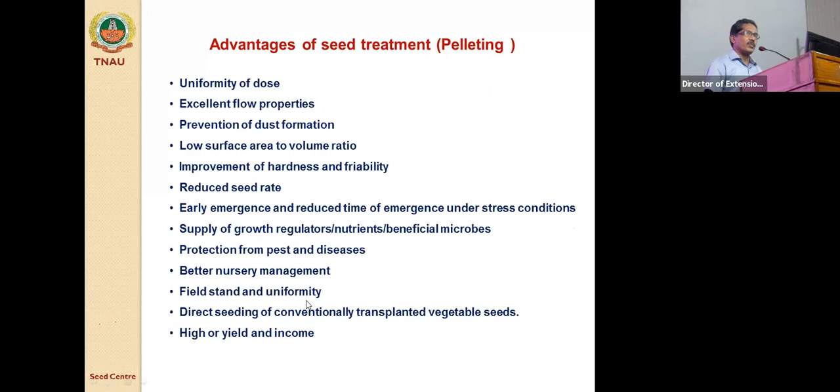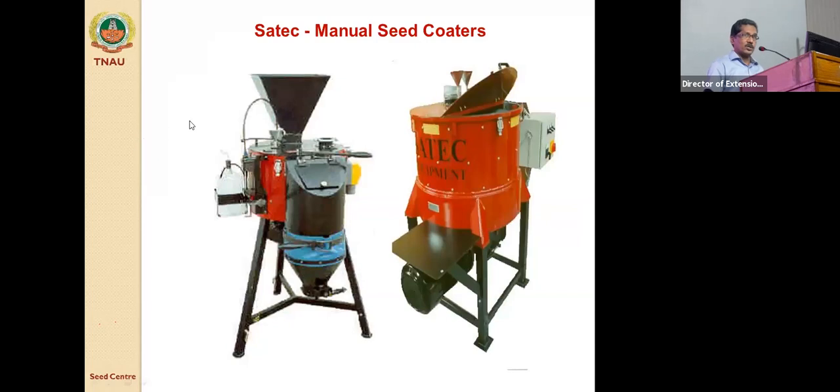Field stand and uniformity can be maintained very well, and direct seeding of conventionally transplanted vegetable seeds is also possible, especially by machines for small seeds. Ultimately we can get higher yield, higher income and better plant population. So this is about pelleting.